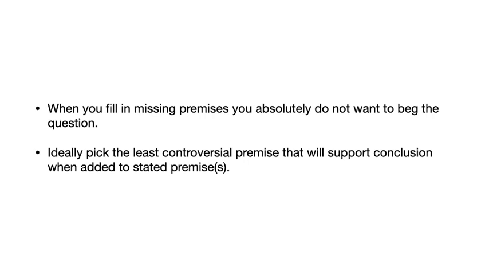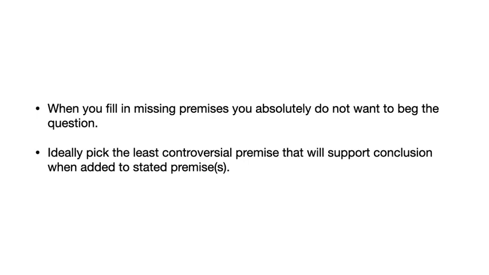You have not followed the principle of charity. Again, you have to strike a balance because the premise actually has to support the conclusion when added to the premise or premises that are already there. But you should not make it any more controversial than it needs to be, and you especially should never, if you can help it, make it more controversial than the conclusion.